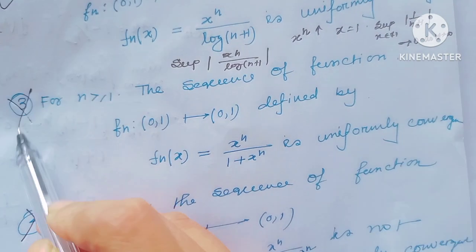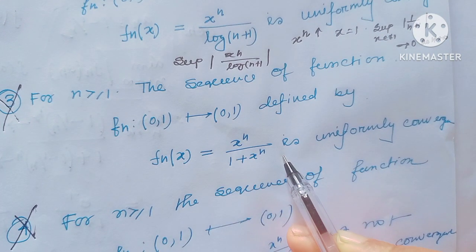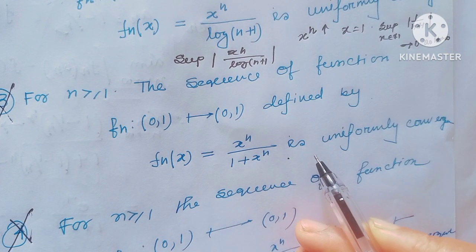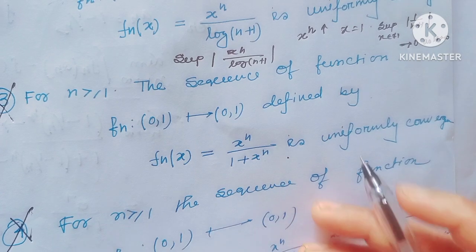This is also a wrong option. This is not uniformly convergent. We have got one subsequence for this, and this subsequence does not converge to 0.